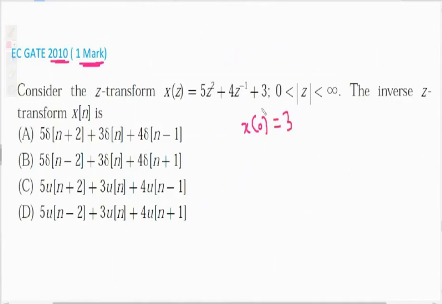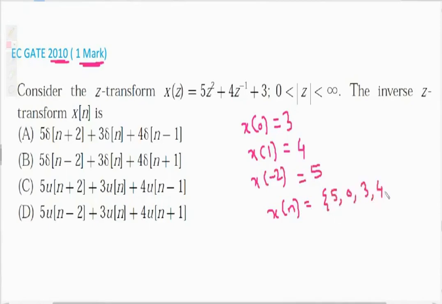So z has a negative power, that means it is x of 1, power is 1, so 4. Then z has a positive power, that means it is x of minus 2, and its value is 5. Now, what is our sequence? x of n equal to 5, 0, 3, 4, with the arrow at 3. This is our x of n sequence.